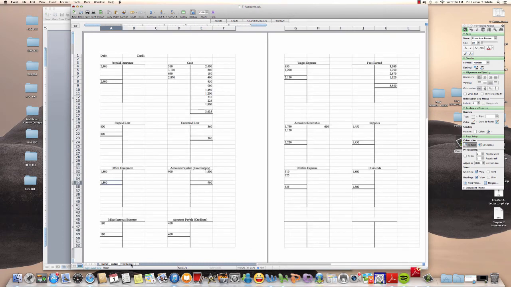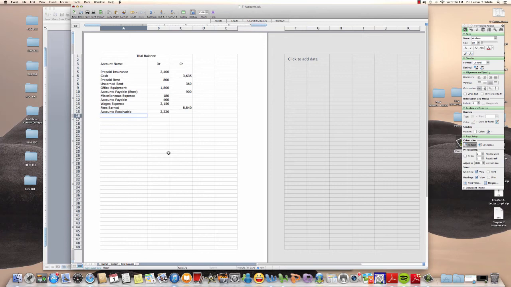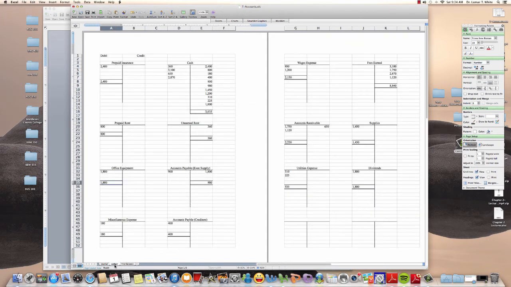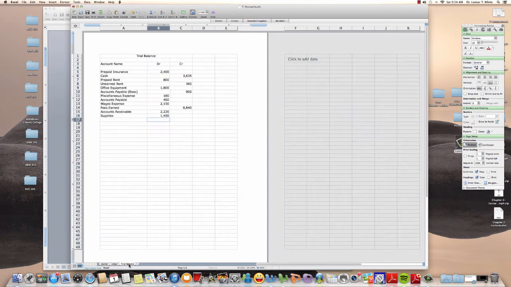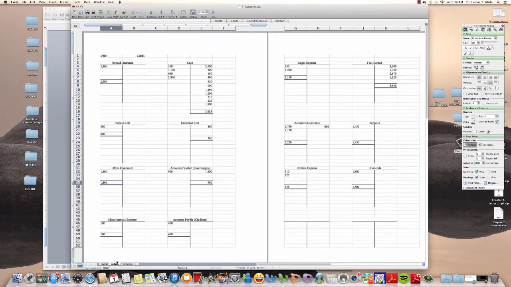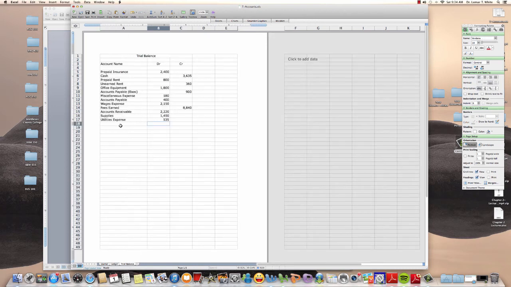We have supplies, $14.50 on the debit side. Utilities expense, $5.35 on the debit side. And we have dividends, $1,800 on the debit side.